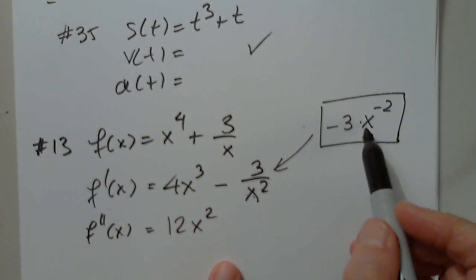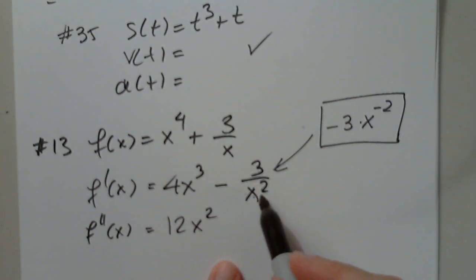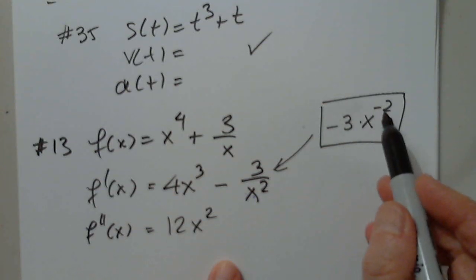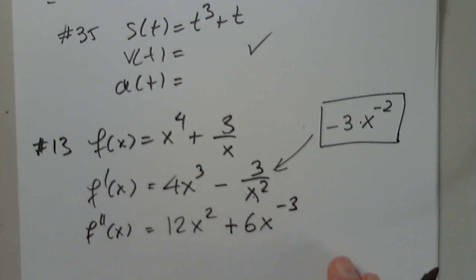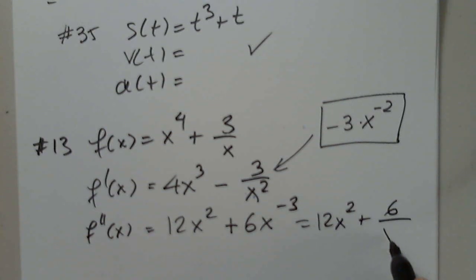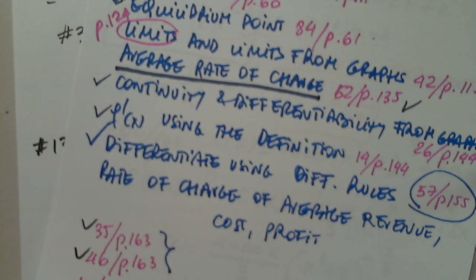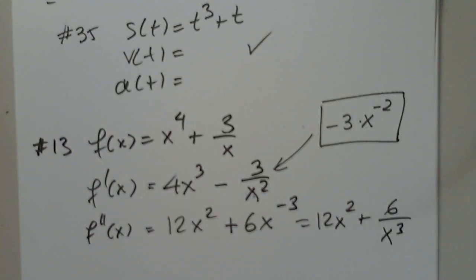Now, let's differentiate this. We bring down -2. What do I write? It'll be plus 6x to the negative 3. Excellent. You can, of course, rewrite it like this. We can keep it like this. They're both okay.